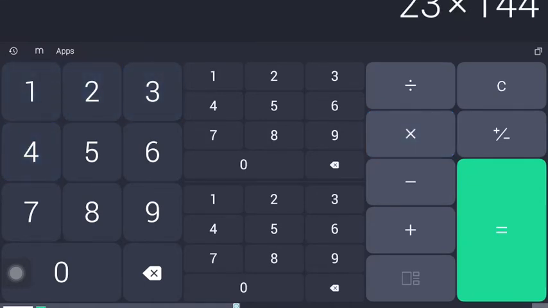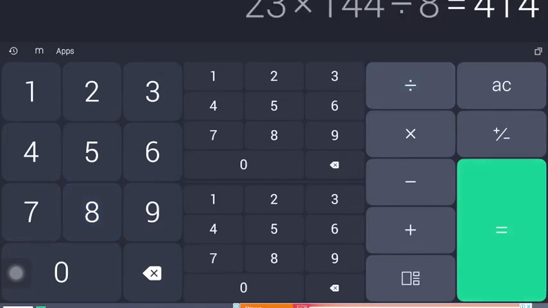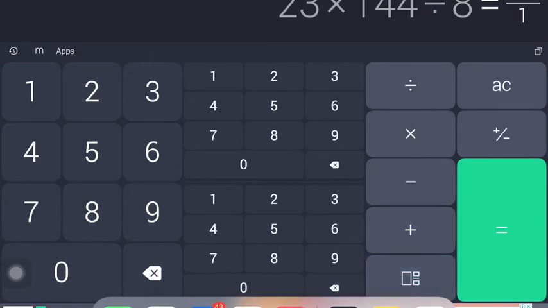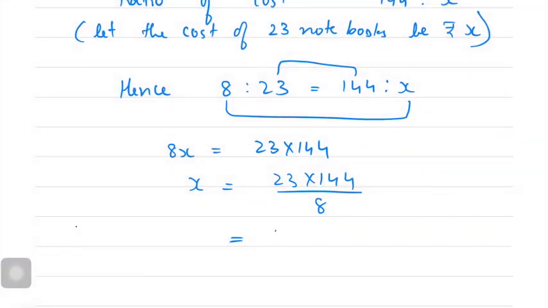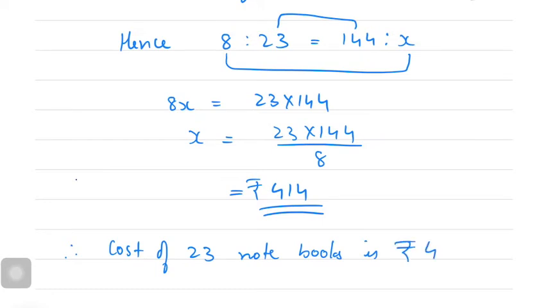Twenty-three into 144 divided by 8 comes to 414. Okay. So therefore cost of 23 notebooks is rupees 414.